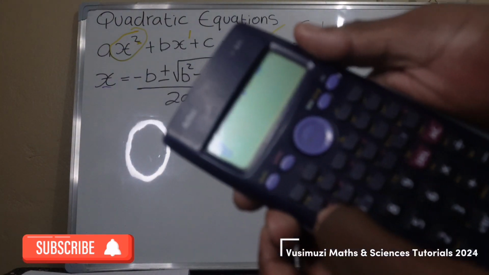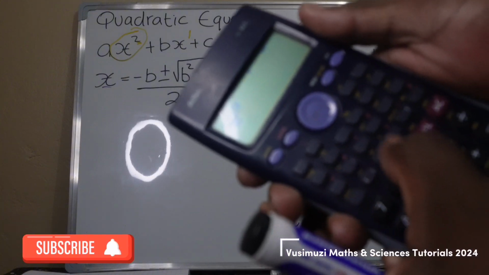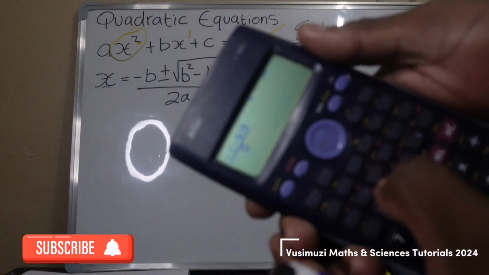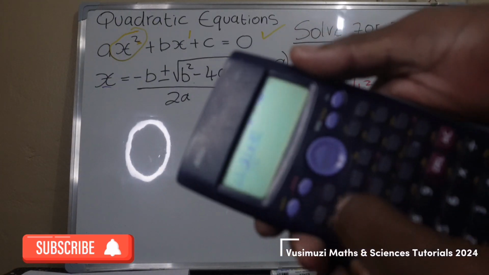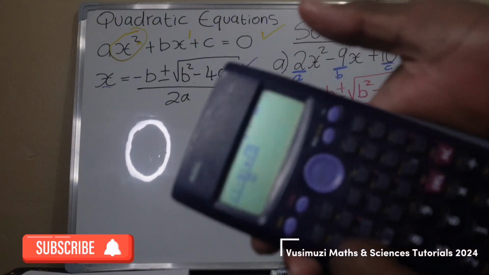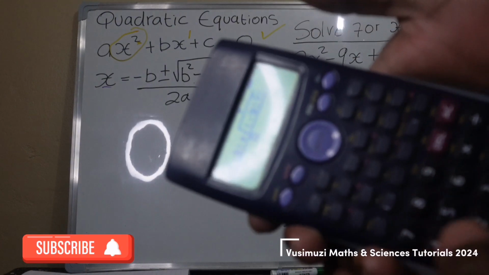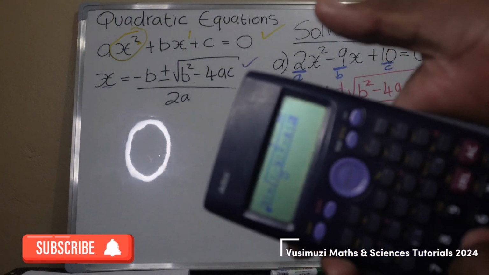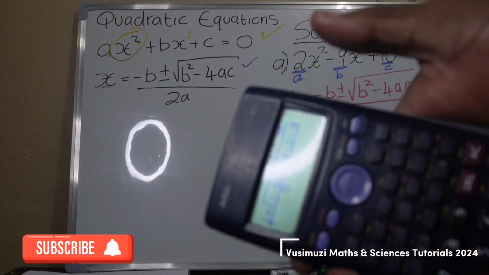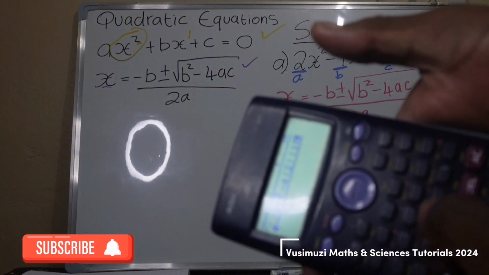I say minus negative 9, and guys, negative 9. I say plus square root, bracket negative 9 squared minus 4 bracket 2 close bracket open bracket 10 close bracket.